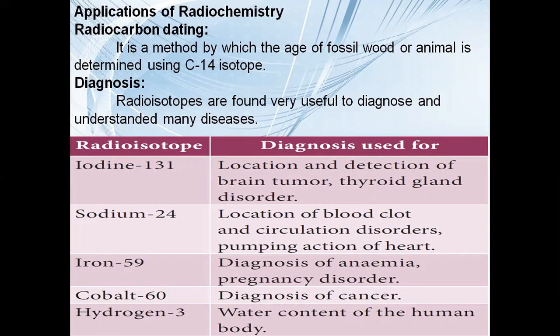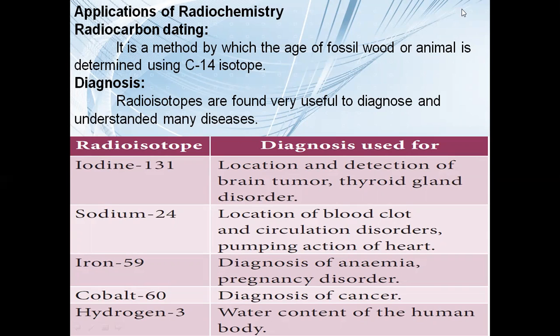So in this period, most of the problems are found in the pregnancy disorder. Okay. So this pregnancy disorder is found out by the iron 59 radioisotopes.